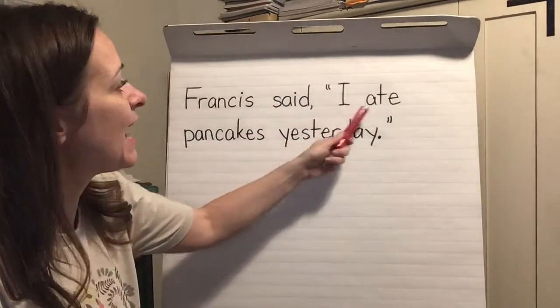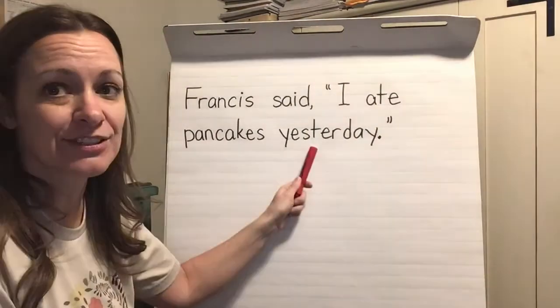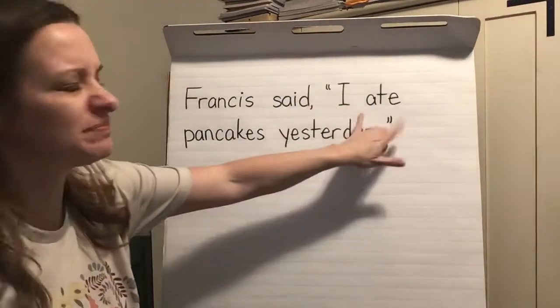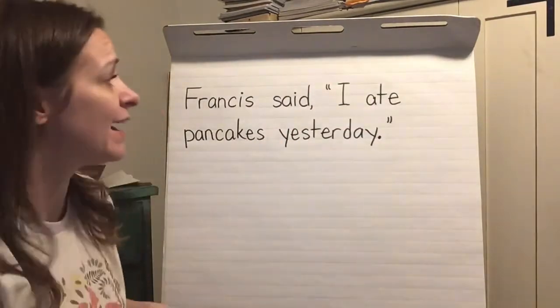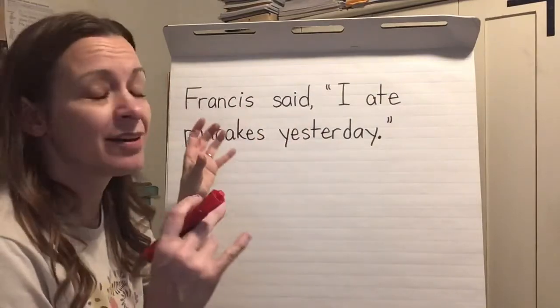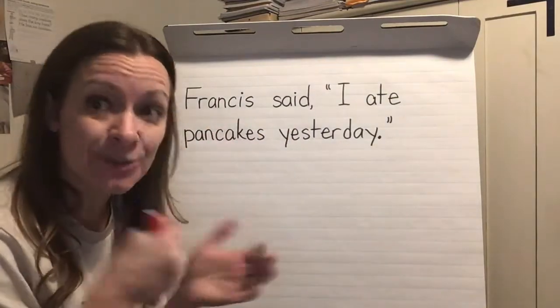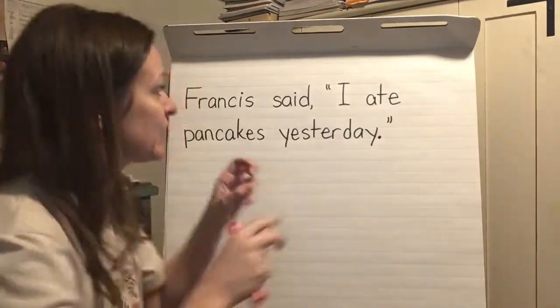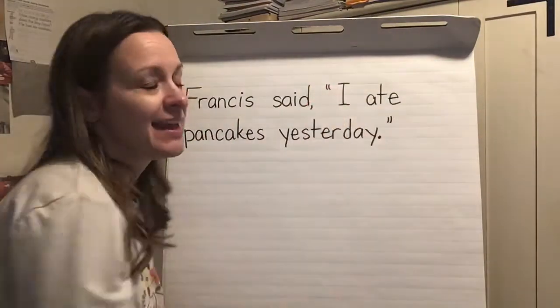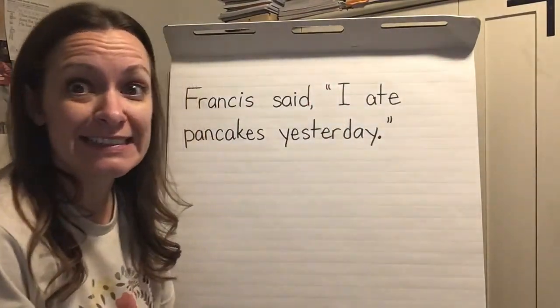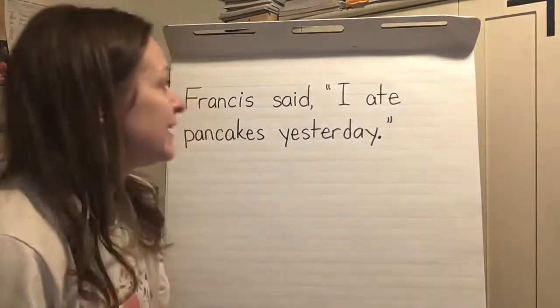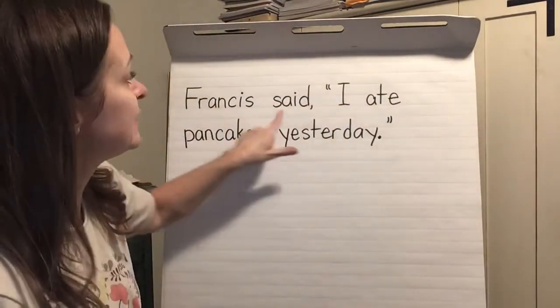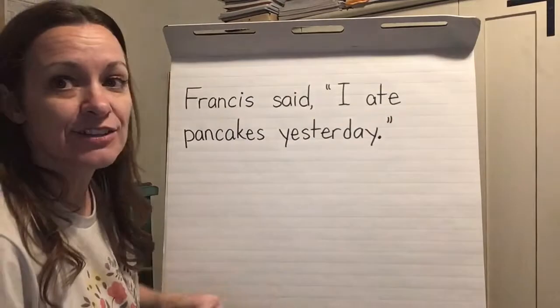Francis said, I ate pancakes yesterday. Now, what are all these little things around here? Remember that when we are saying somebody's exact words, then we put quotation marks. So here's our quotation marks. And that means that it's Francis's exact words. So Francis said, I ate pancakes yesterday.